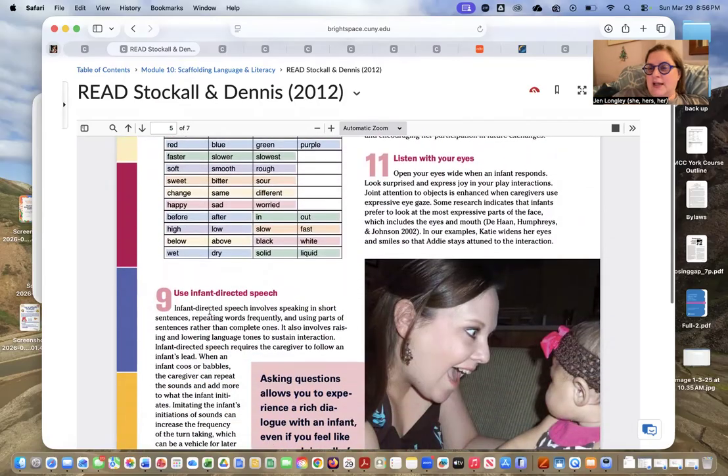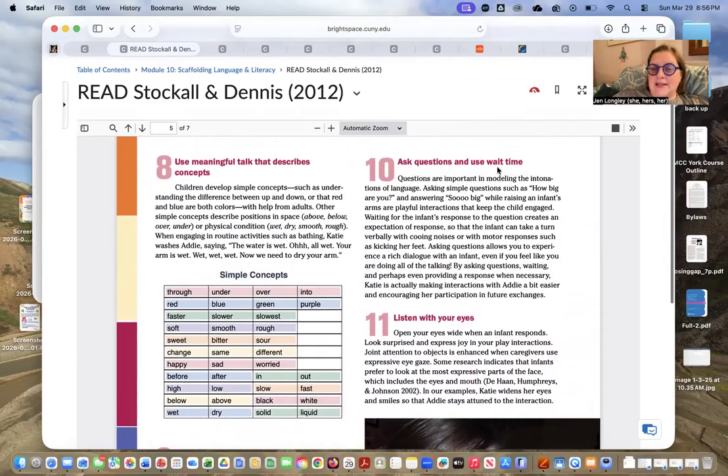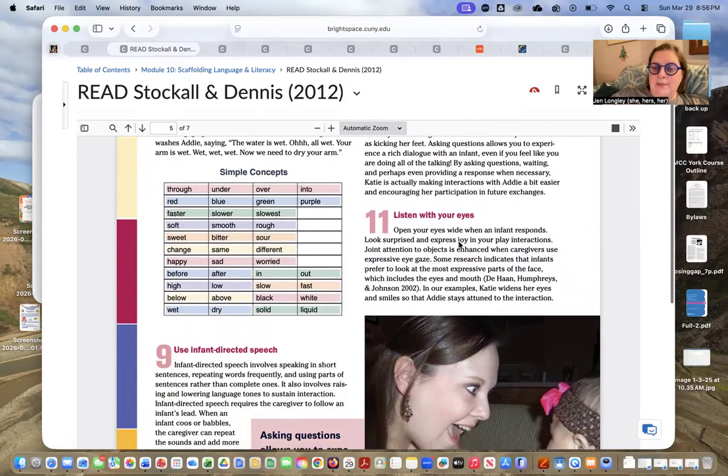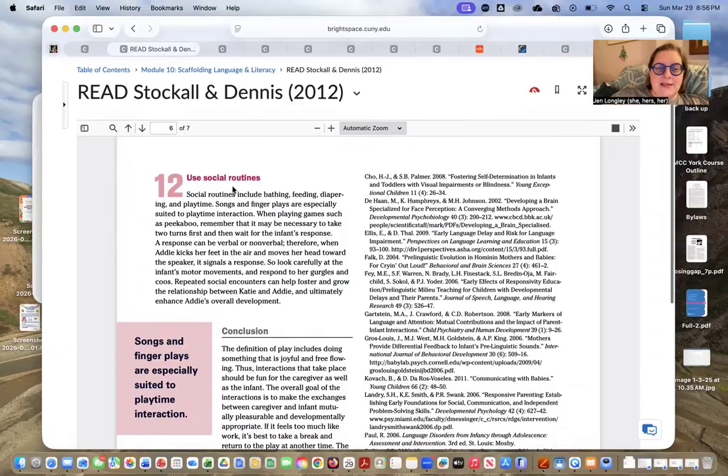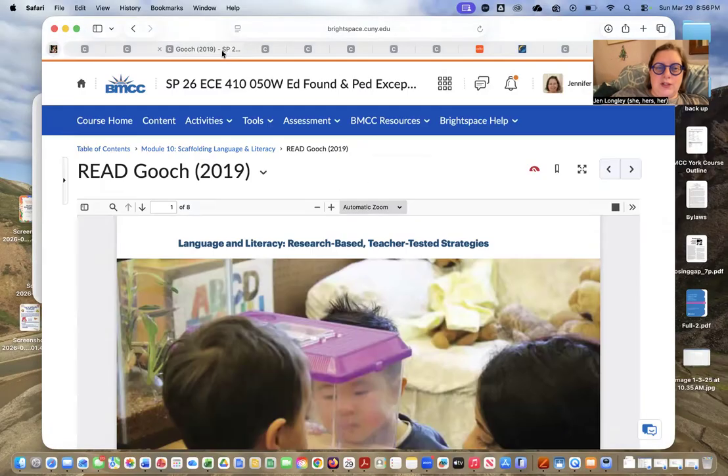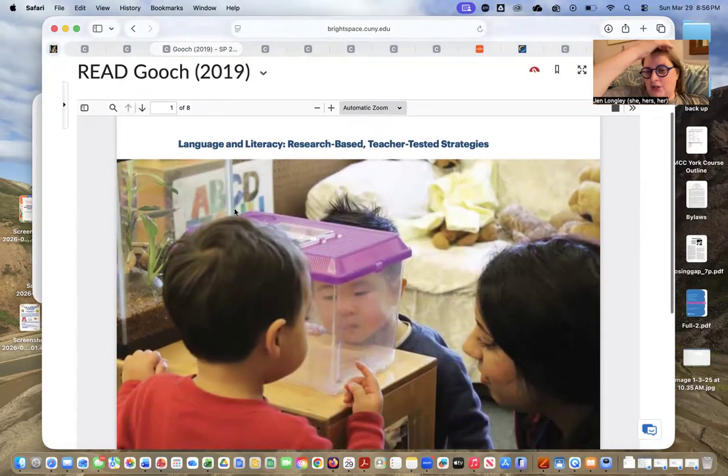These so far, I think I've listed 7 scaffolds. Child-directed speech, asking questions and using wait time, listening with your eyes, and using social routines. Those are strategies from Stockall and Dennis.